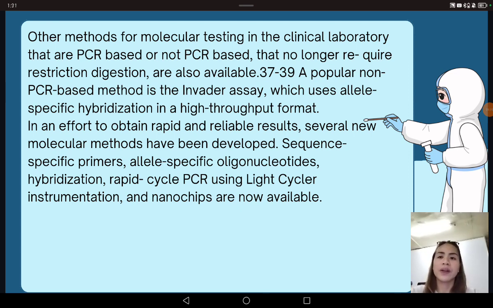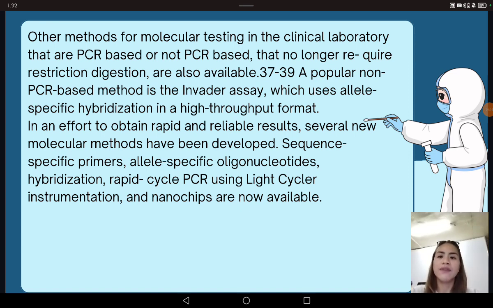In other words, there are various methods for molecular testing in clinical laboratories, some of which are based on PCR, while others are not. Newer methods have been developed that no longer require the step of restriction digestion. One popular non-PCR based method is the invader assay, which uses allele-specific hybridization and can process a large number of samples quickly.